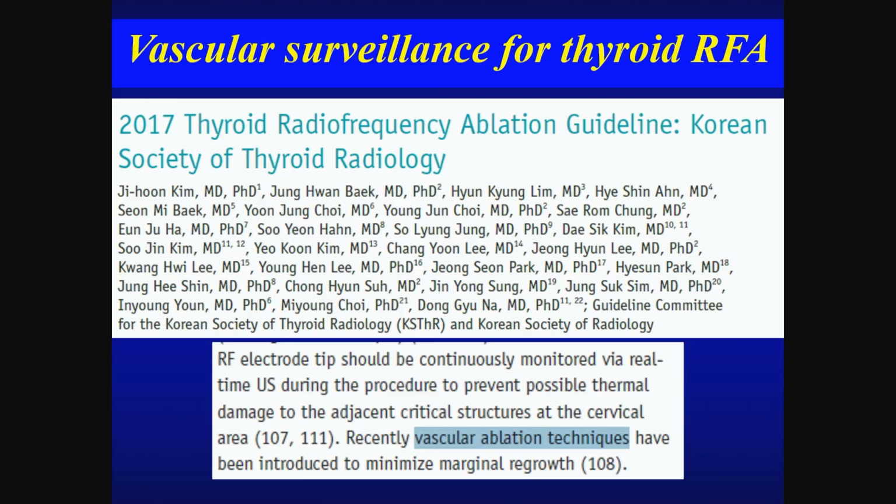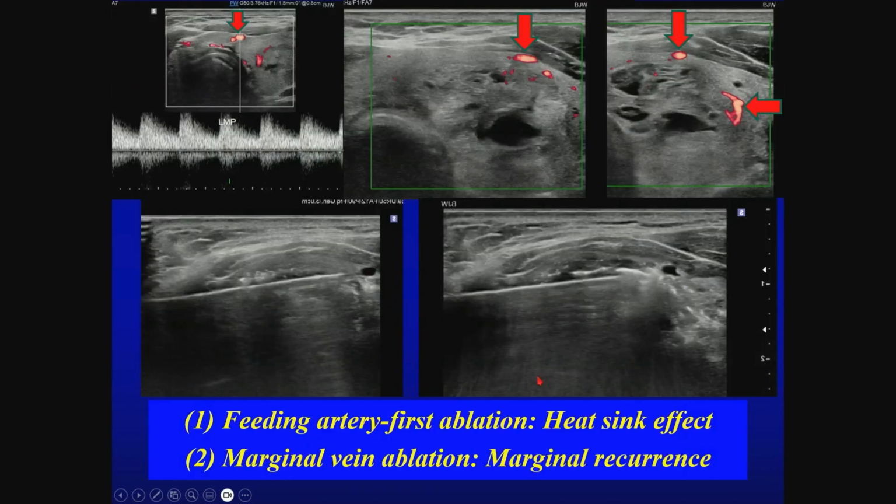As you know, this is an international guideline organized by the Korean Society of Thyroid Radiology. Our society proposed that the vascular ablation technique is the key technique for thyroid RF ablation. Vascular ablation technique consists of two parts.